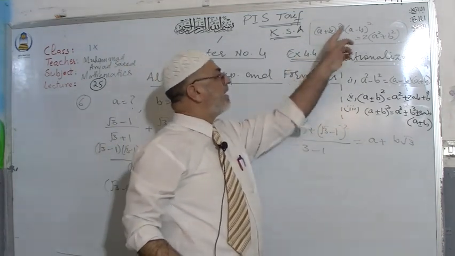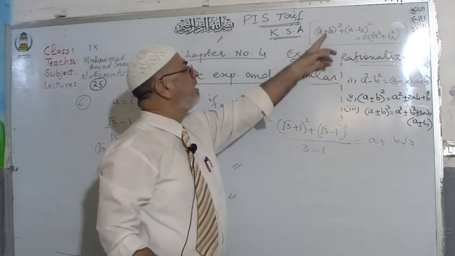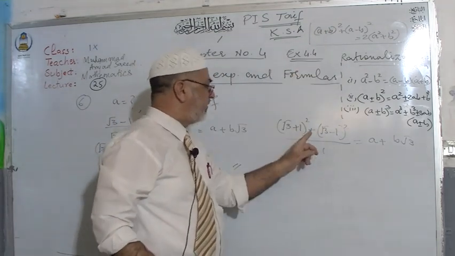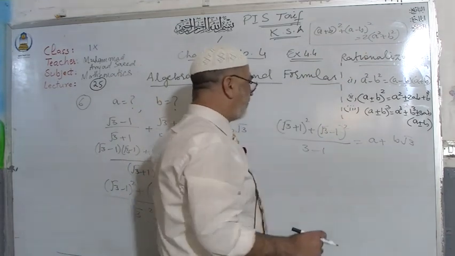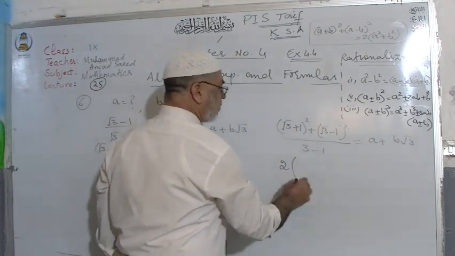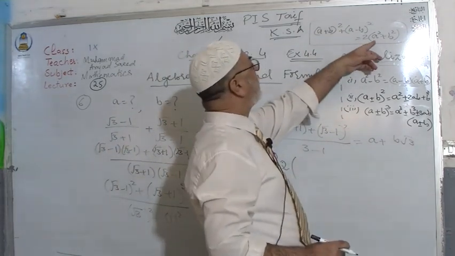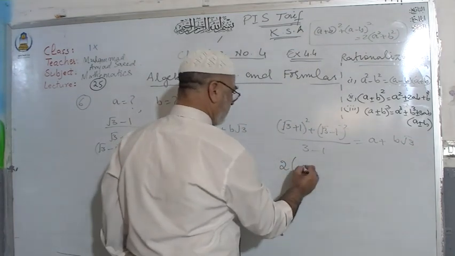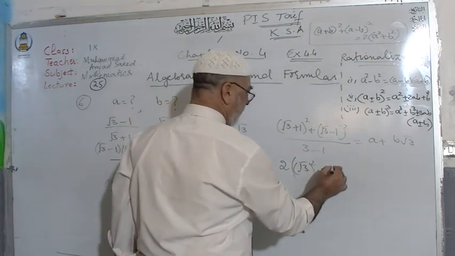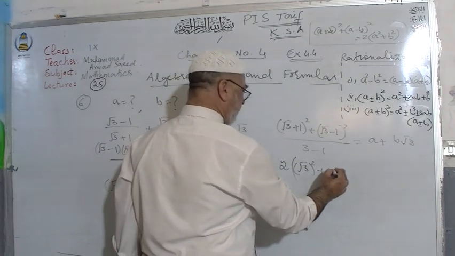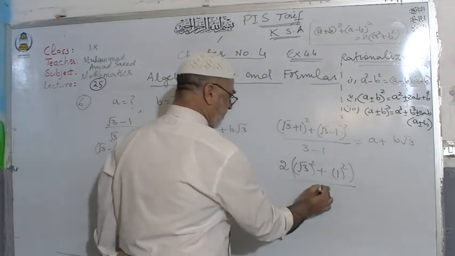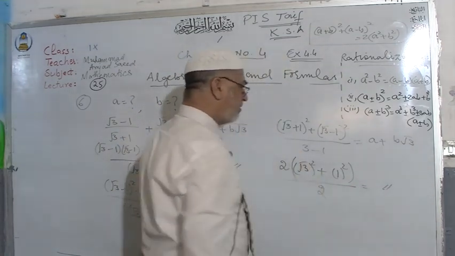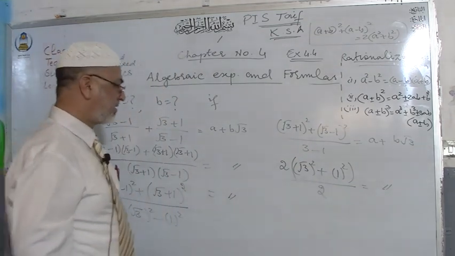There are different signs with the square, positive sign between them. So what you have, 2 into a square, a being first. What is first? Root 3. A square and plus b square. B square, b is 1. Divided by 2 is equal to right hand side as it is.